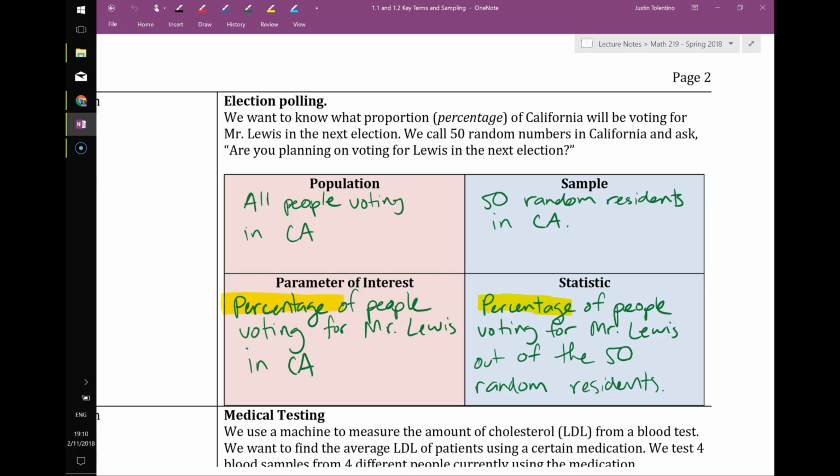So if I wanted to identify these four things that we're interested in, let's start off with the population and the sample. So first, our population, remember, it's everyone or all of the data that we're interested in. Well, everyone that we're actually looking at is all the people actually going to vote in California in this next election. More specifically, actually, it's their decisions.